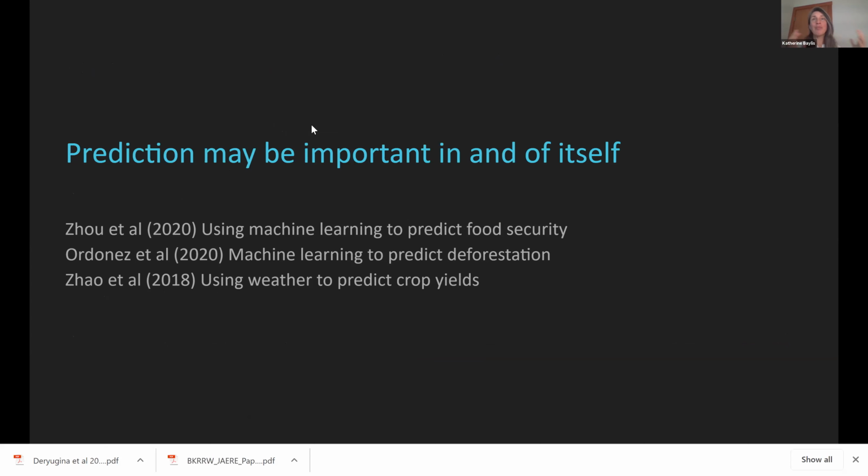there's a number of places where prediction may be important in and of itself. And I'm going to give a couple examples of places where, at least from a policy standpoint, we would actually like to have a good prediction. I'm going to focus on the first paper here, the working paper where we're using machine learning to predict food insecurity.